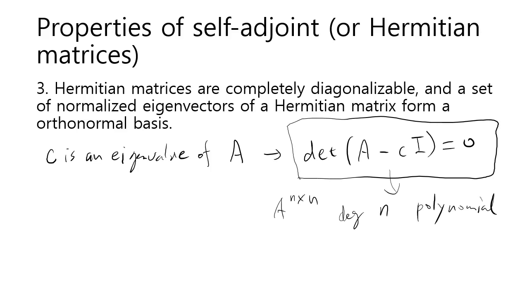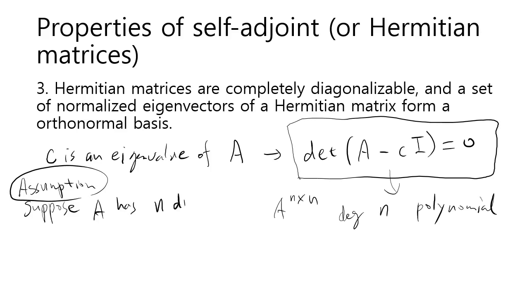But in the case when this does give you n distinct roots, I'll try to prove it with the important assumption that A has n distinct eigenvalues.